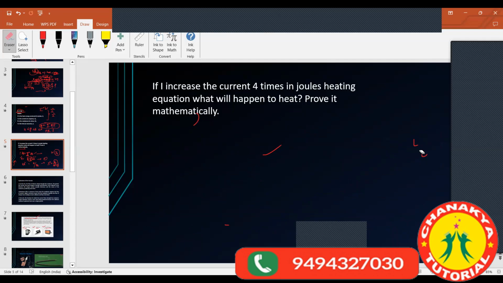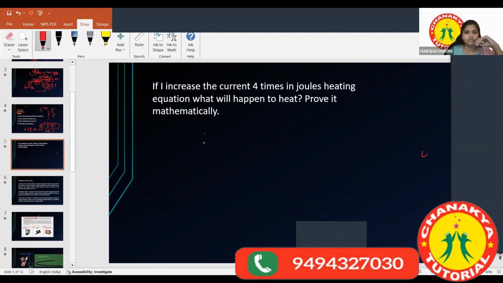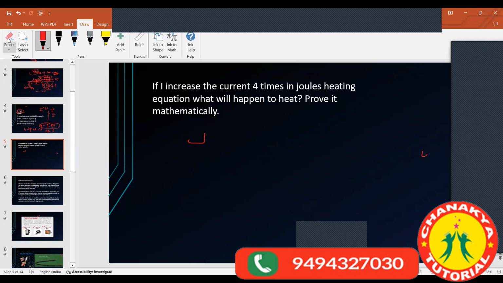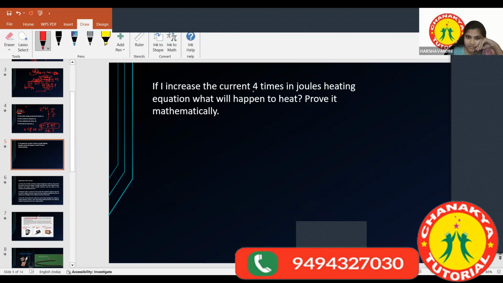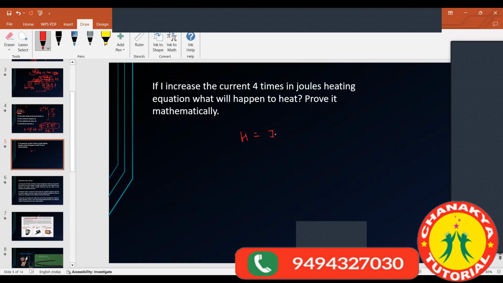From that example, if you take H equals I square RT, multiplied by RT, there it is directly proportional. In speed, if speed decreases, time increases. If time decreases, speed increases. So like that, I understood.